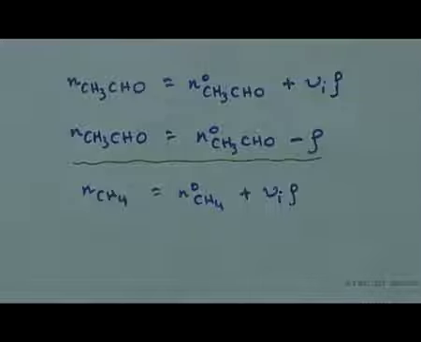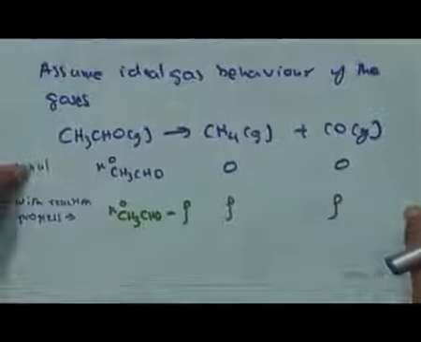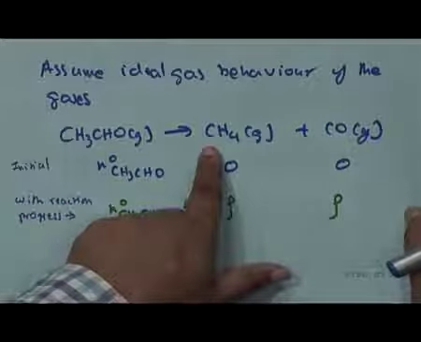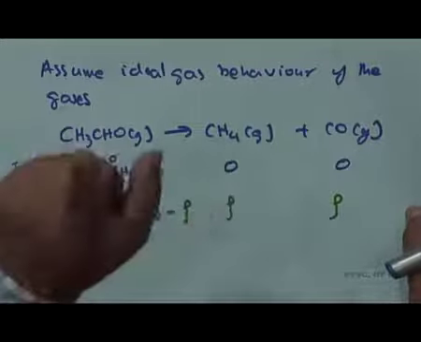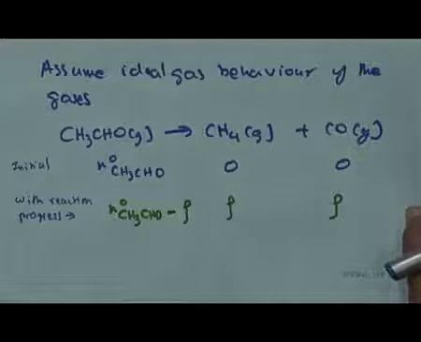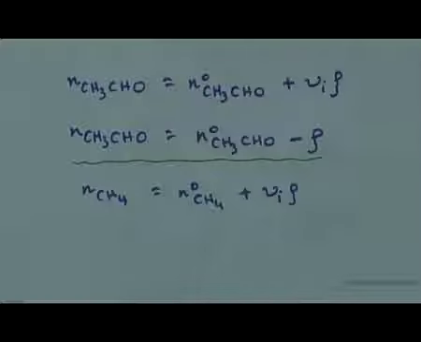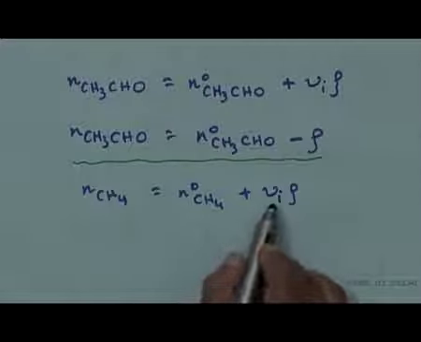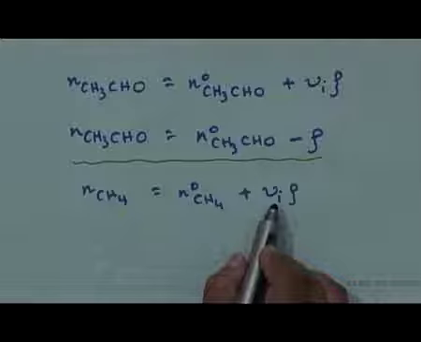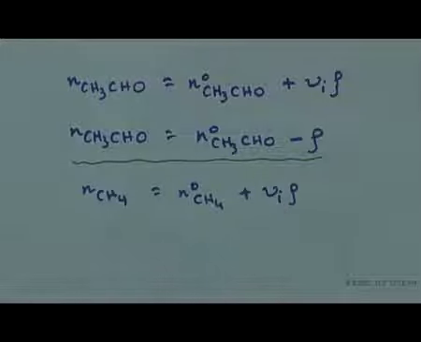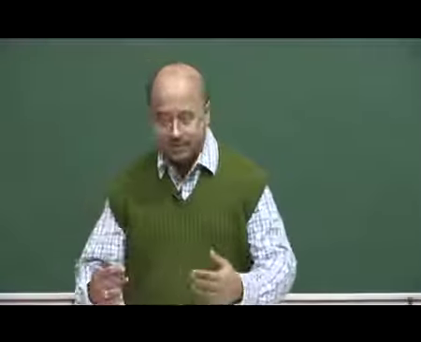If you go back to the reaction, the coefficient before CH4 is 1, and the same for carbon monoxide. Hence, for methane, nu i has a value of 1 and the sign is positive, because the reaction is progressing and the product is forming.